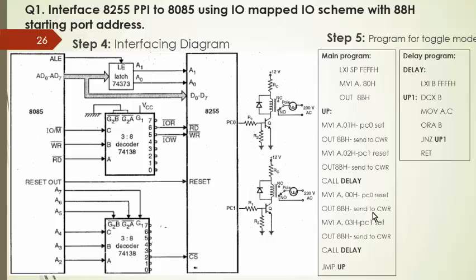So here program execution gets transferred to the delay program. The delay gets executed, and after the count value reaches 0, the execution will come out of the loop, and the return instruction will tell the 8085 to go back to the main program, that is to the next instruction. The next instruction is JMP. This is the unconditional jump instruction to repeat this toggling kind of output infinite times.